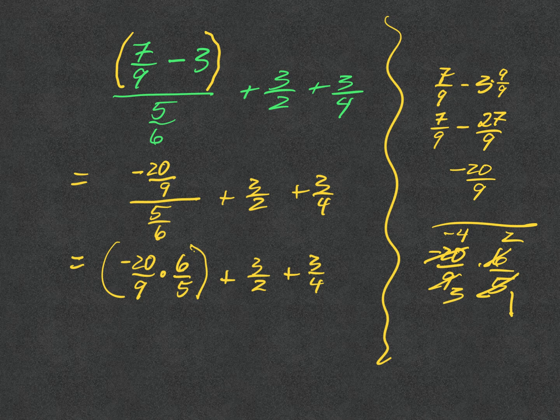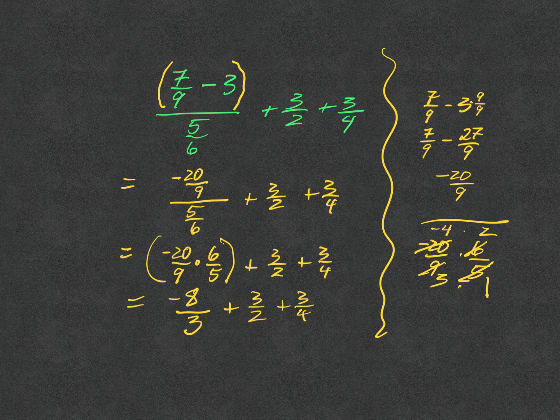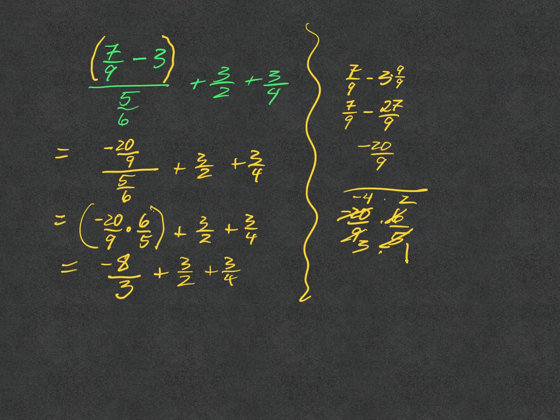So I had a little canceling I could do there. So it's negative 4 times 2 and 3 times 1 is negative 8 over 3 plus 3/2 plus 3/4. And now I can finish the problem. It's all addition. So I need a common denominator between 3, 2, and 4, which is 12.